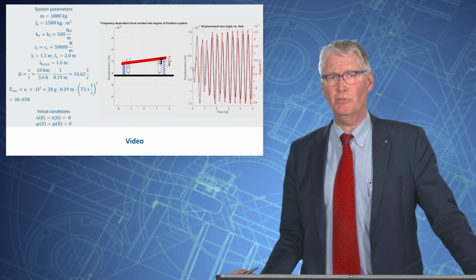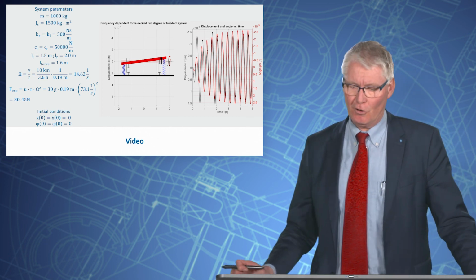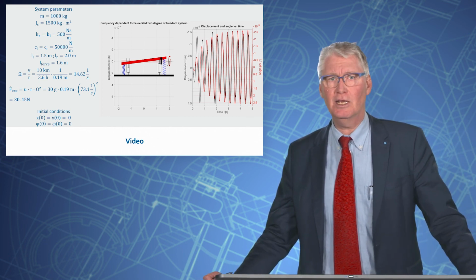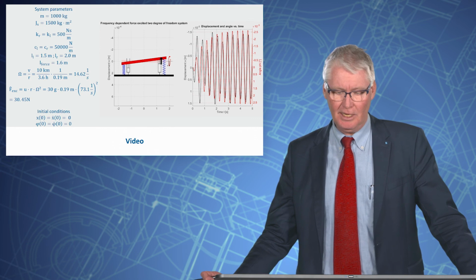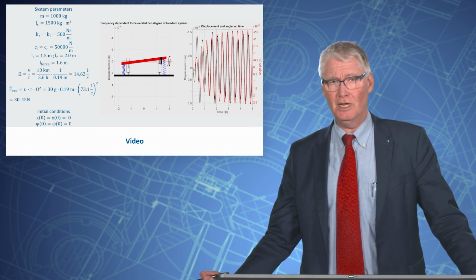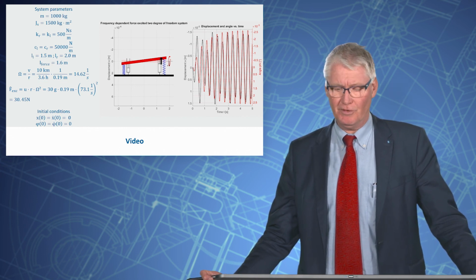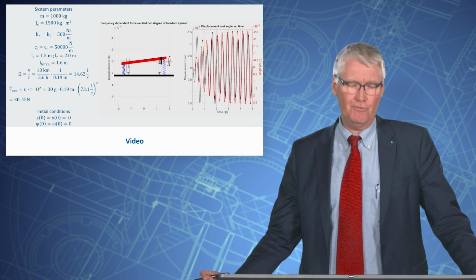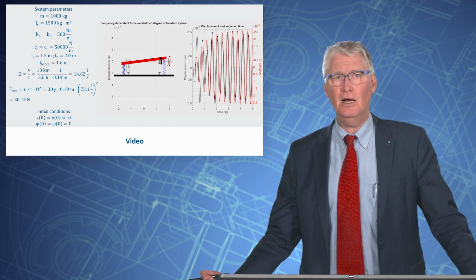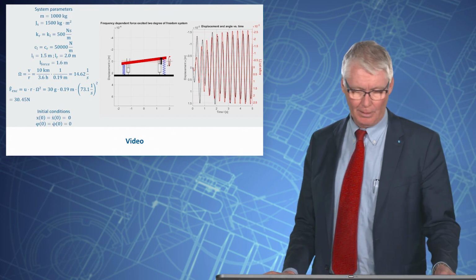But I should also mention that in general, for a system that is harmonically excited and based on a linear differential equation, this time-wise behavior is not so much of interest because much more information, as you have seen, can be deduced from the frequency response diagrams.